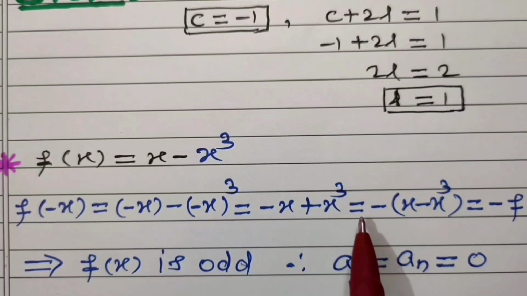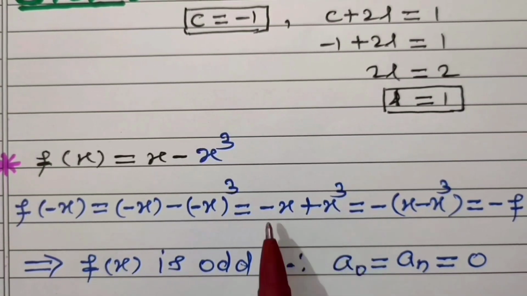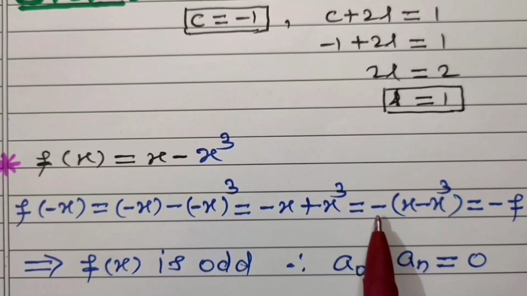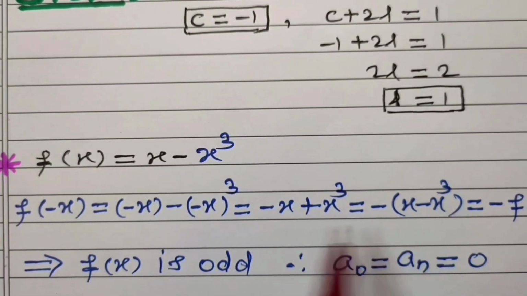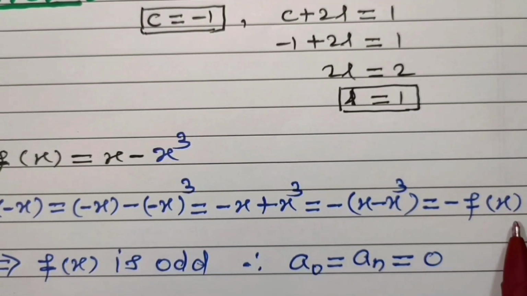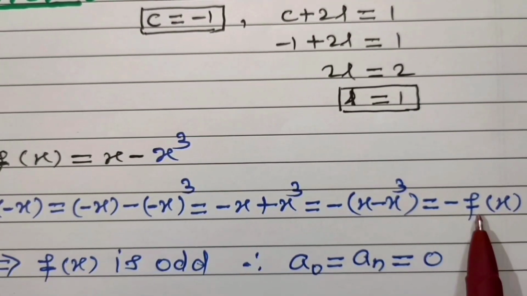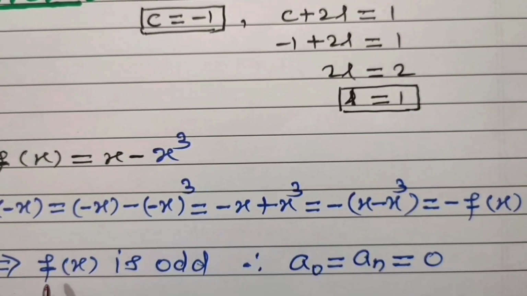Which is equal to, taking the minus sign common from these two terms, minus of bracket x minus x cube, and this bracket x minus x cube is nothing but f of x. So which is equal to minus f of x. Hence f of minus x is equal to minus f of x. This implies f of x is an odd function.